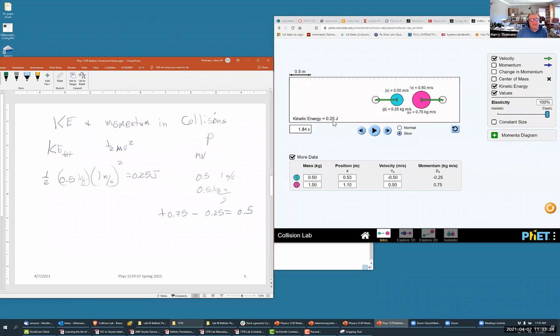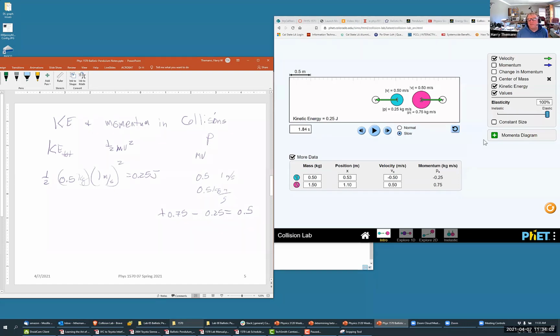And we notice that, as we expected, the amount of joules, the kinetic energy total, hasn't changed. And we can calculate that. I don't want this to take forever, but you can convince yourself that it stays the same.